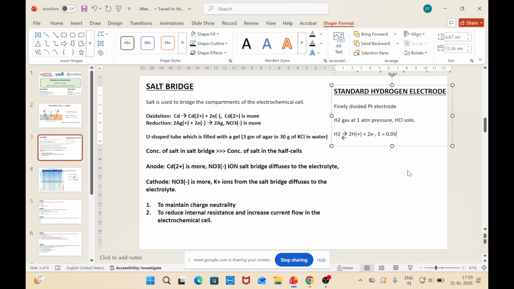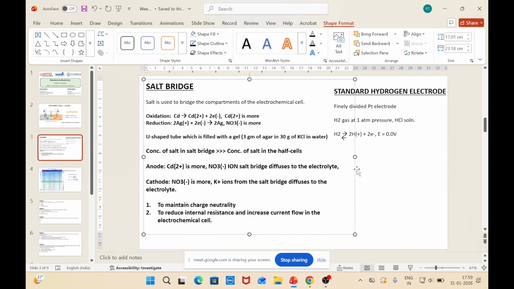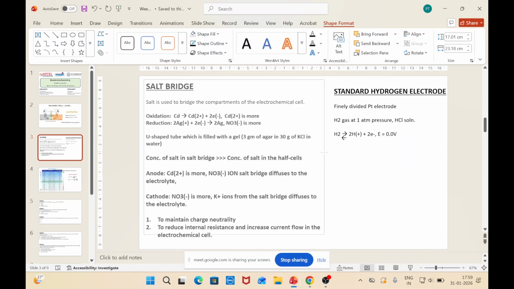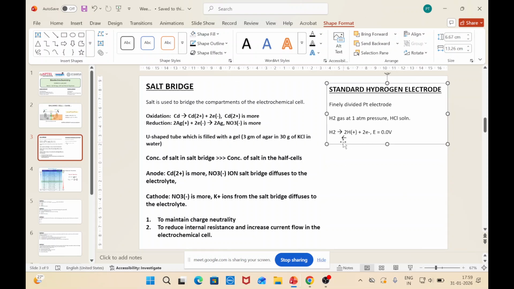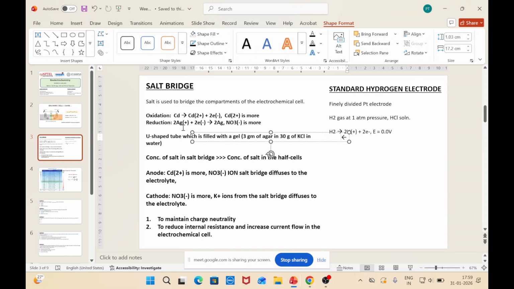Now here I want to know, if you have any idea, while learning from the course, did you ever think about why hydrogen is taken as a reference? Why can't I use some other material as a reference for these electrochemical studies?